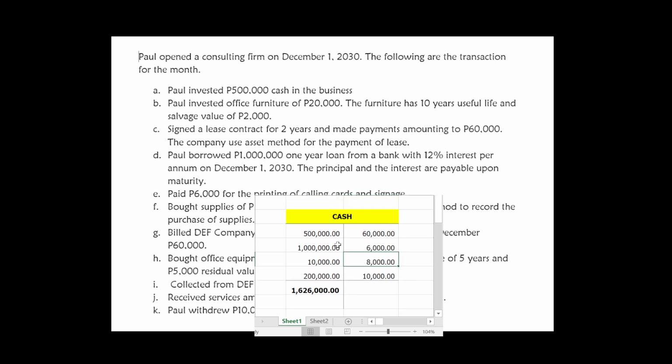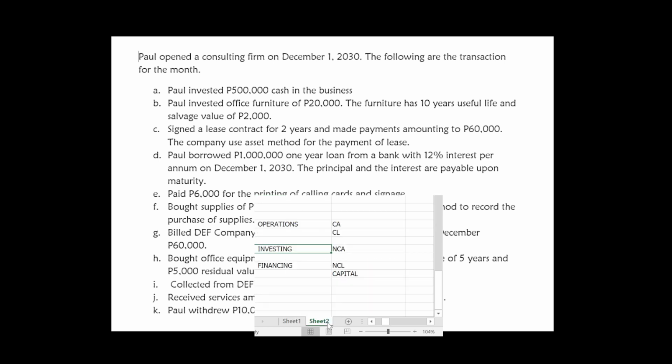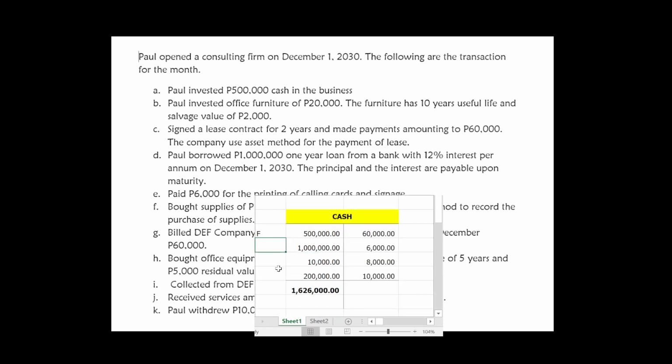Okay? So, itong 500,000 na to, since this is invested by Paul, so this is financing kasi capital. Etong 1 million, since utang natin to, inutang natin to sa bangko, ibig sabihin nito, a non-current liability. Okay, so, financing pa din to. Next, 10,000. Saan ba tong 10,000 na to?